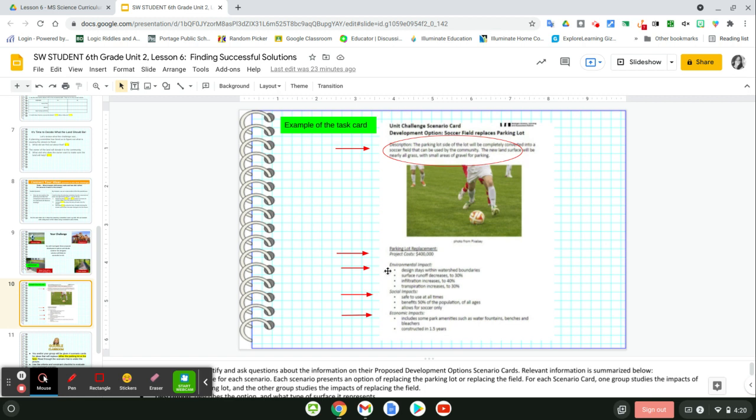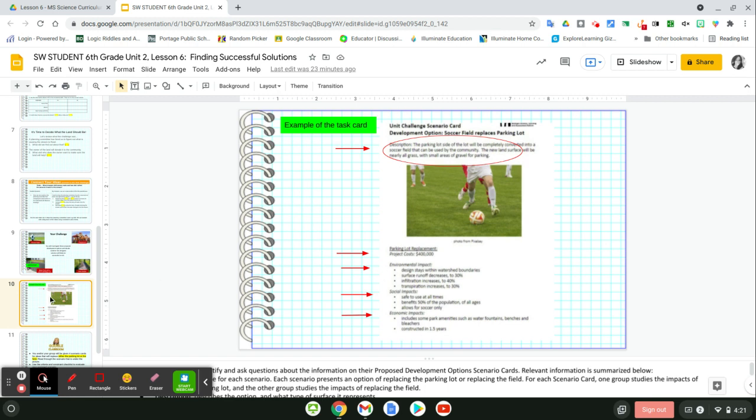The environmental impact, we've got some bullet points on how it impacts the environment, how it impacts the community socially, and the economic impacts. So we'll take a look at four different cards with all of those things. But this one is the soccer field. Okay, so these are kind of the requirements, maybe some of the criteria. There might be a constraint, so we're going to take a look at those. But this is what our task cards look like.